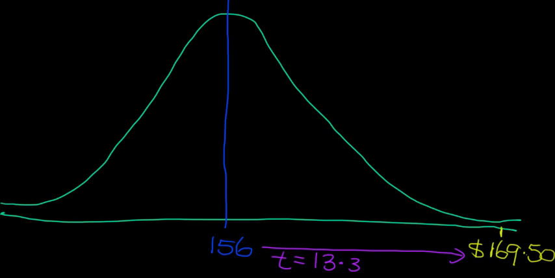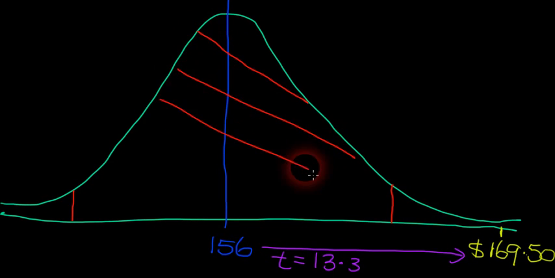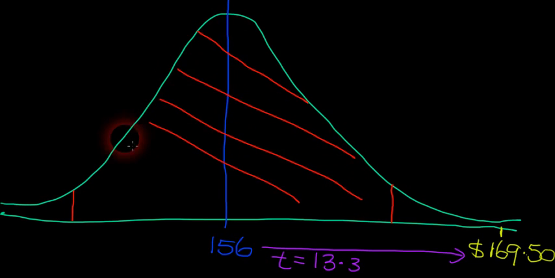And so what does that mean? If it was not different, then it would be within 2 standard deviations roughly either side. Remember the scale of this is way out here. And so we know from what we know about normal distributions that this shaded in area in red is 95%.